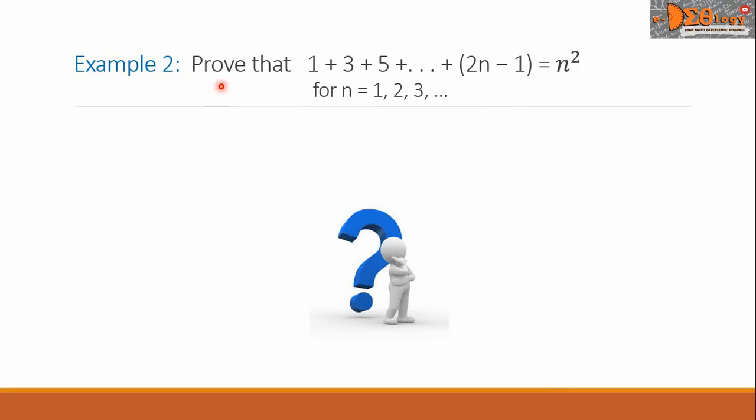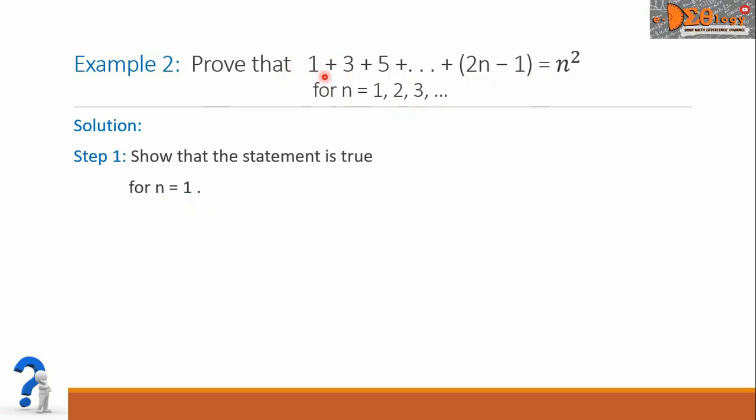Example 2. Prove that 1 plus 3 plus 5 plus up to the quantity 2n minus 1 equals n squared, for n equals 1, 2, 3, and so on. Step 1. Let us show that the statement is true for n equals 1.